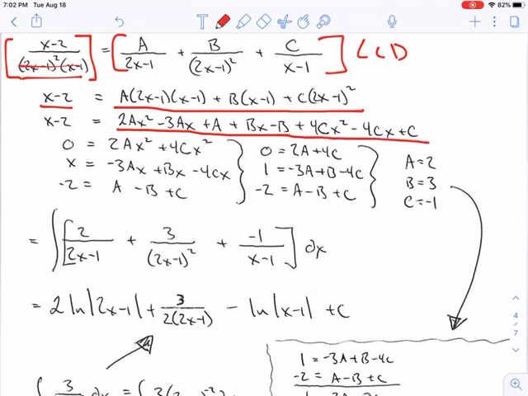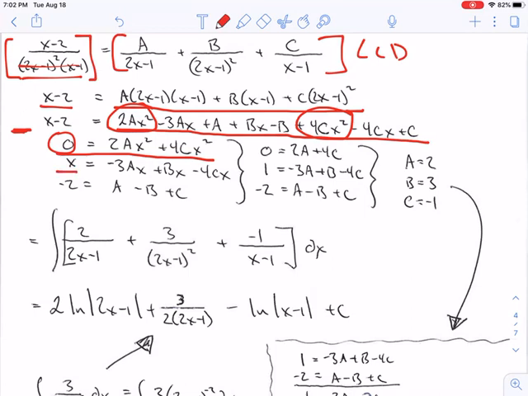Now I'm going to do the equating of coefficients. So here I take the x squared terms. I don't have an x squared term on the left-hand side, so I have 0 x squareds. But I have a 2Ax squared and a 4Cx squared. Secondly, I take the linear terms.